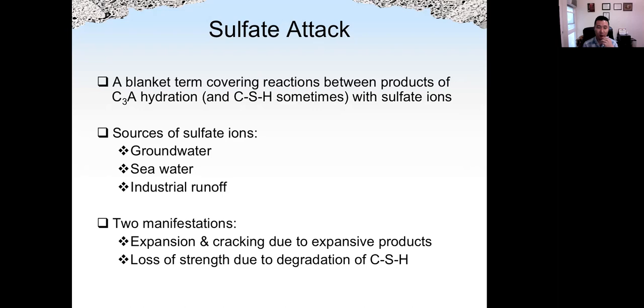When concrete has sulfate attack, we may see expansion and cracking due to formation of ettringite, or sometimes C-S-H may also be degraded, depending on the type of sulfate attack.